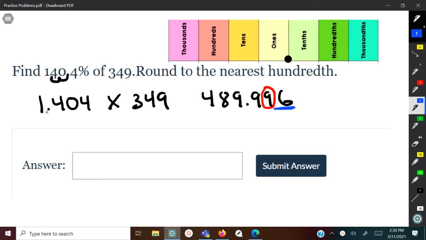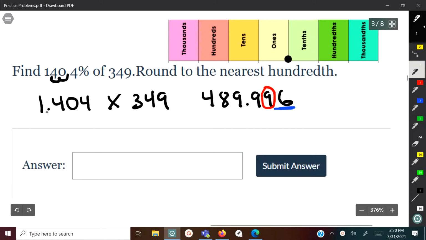5 or more, so you raise the score. We're going to raise the 9 to 10, so that's going to add 1 to this one. Well, this is 9 as well, so that's going to make it 10, and that's going to add a 1 here. Change colors back. So you'll end up with 490, because it keeps rising all the way until the 8 becomes 9.